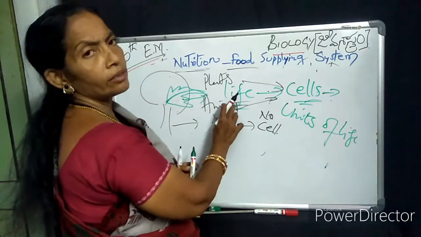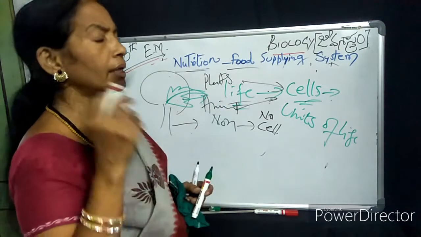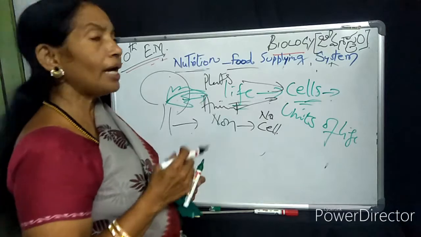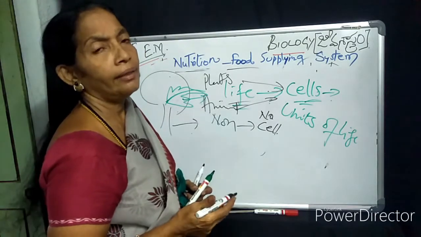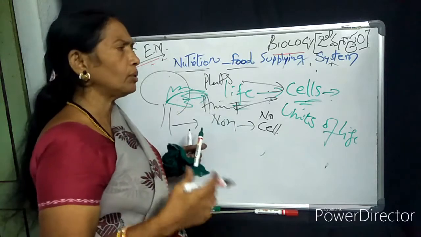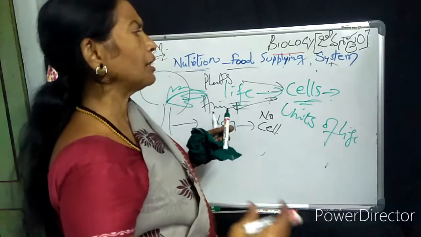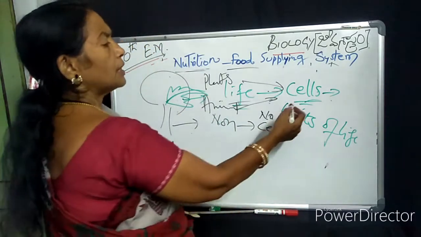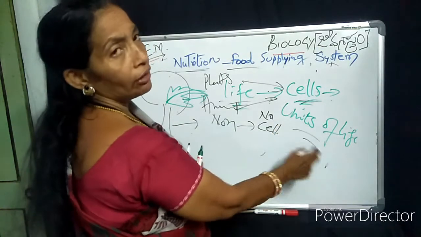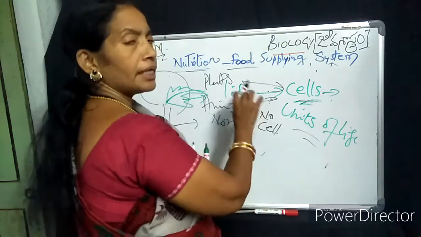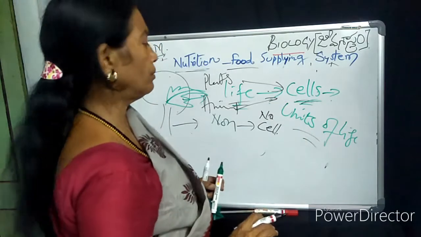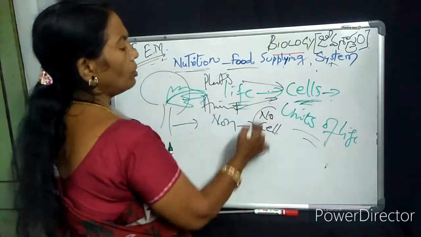And animals also: if we check our eye or ear or nose, we have crores of cells in our eye. Like that, in the body, we have to multiply. So cells are the unit of life. If there is any cell, it is a living thing, and non-living things have no cells.